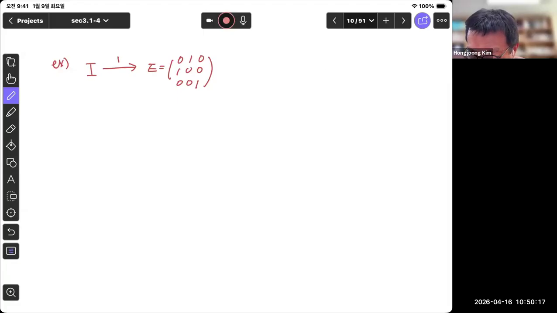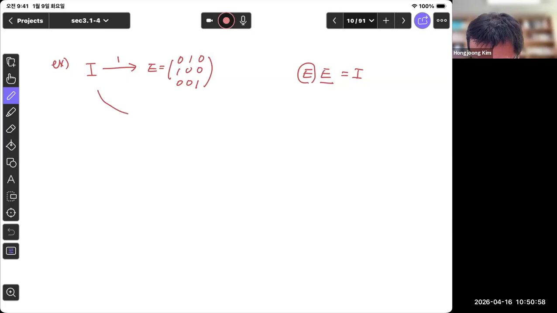So if I pre-multiply by E again, this E will interchange the first two rows of what follows, and then you get the original identity matrix. So the inverse of E will be E. In other words, if you perform the interchange operation, the type 1 elementary row operation, then the inverse of that elementary matrix will be the elementary matrix itself.